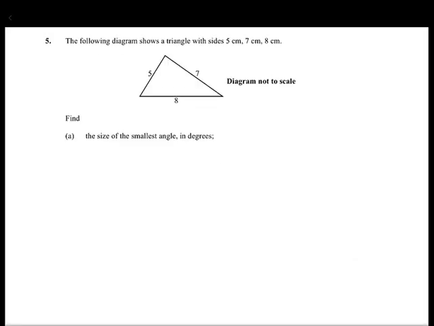Let us look at another problem, students. The following diagram shows a triangle with sides 5 centimeters, 7 centimeters and 8 centimeters. Find the size of the smallest angle in degrees. We know that the angle opposite to the smallest side will be the smallest angle. Here 5 is the smallest side, so this will be the smallest angle. I'm going to take this as x. According to the cosine rule, cos x equals, the sides that make x are 8 and 7.